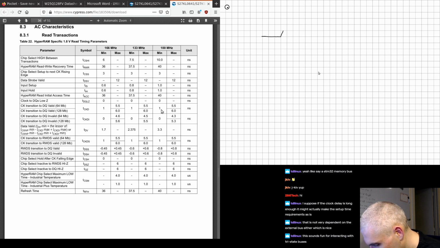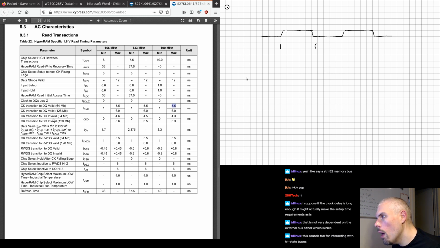The clock transition to DQ valid can be as late as 5.5 nanoseconds. So that means that this edge would trigger data that can potentially only become valid here.